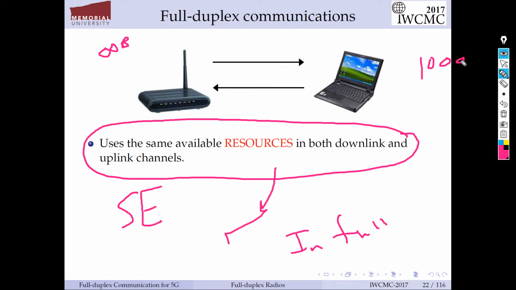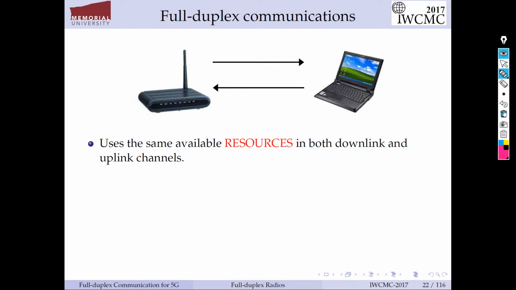Instead of serving only 1,000 devices with the spectrum you have, you can now serve 2,000. So imagine how much money you save, or how many users you can meet their requirements simultaneously in the network. So this is in-band full duplex. This is one of the most important aspects of improving the spectral efficiency in the future network.